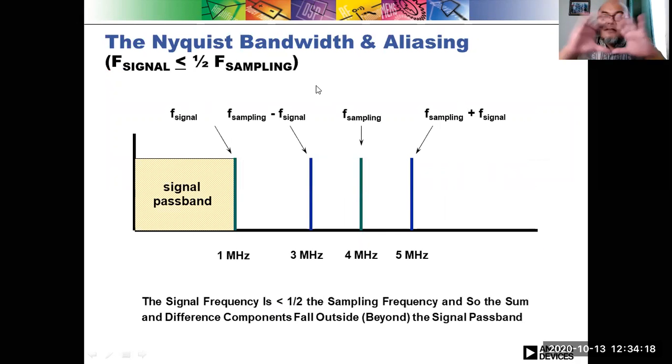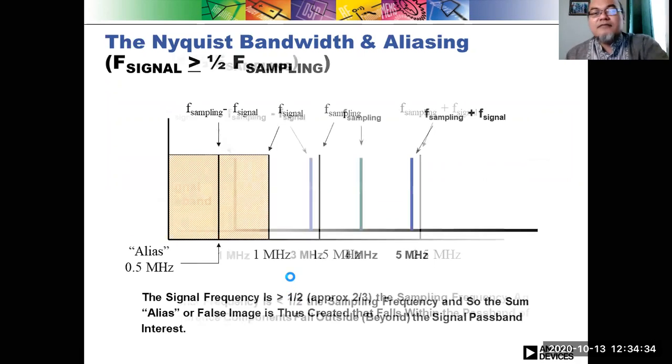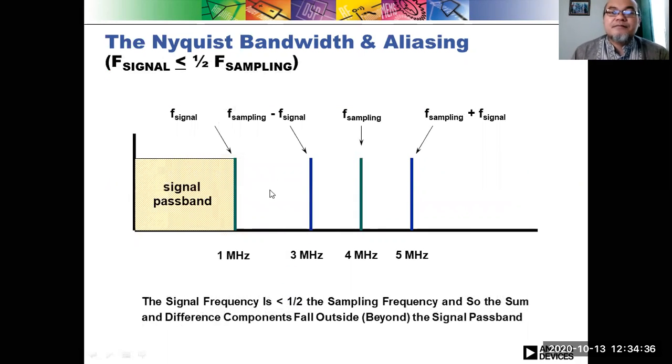In the frequency domain, if you do FFT, this is the signal passband. Let's say the maximum signal bandwidth is 1 megahertz. At least we have to sample larger than 2 megahertz. For example, we sample at 4 megahertz, 4 times the maximum signal frequency.